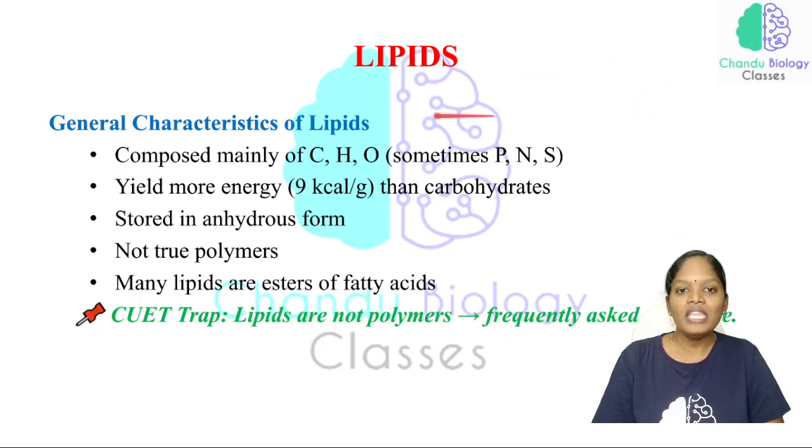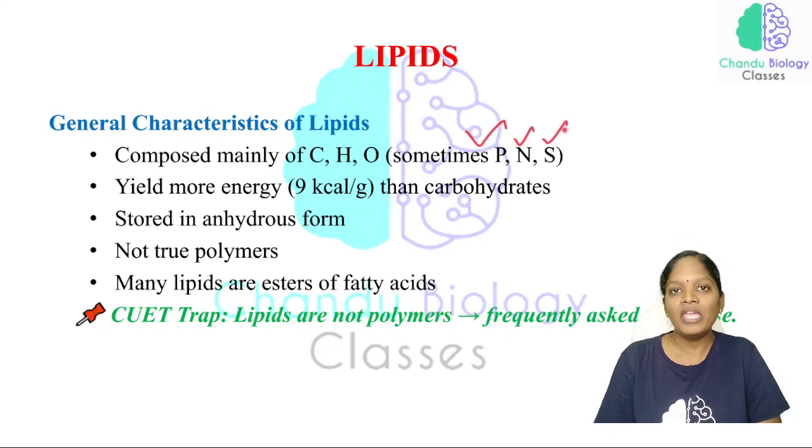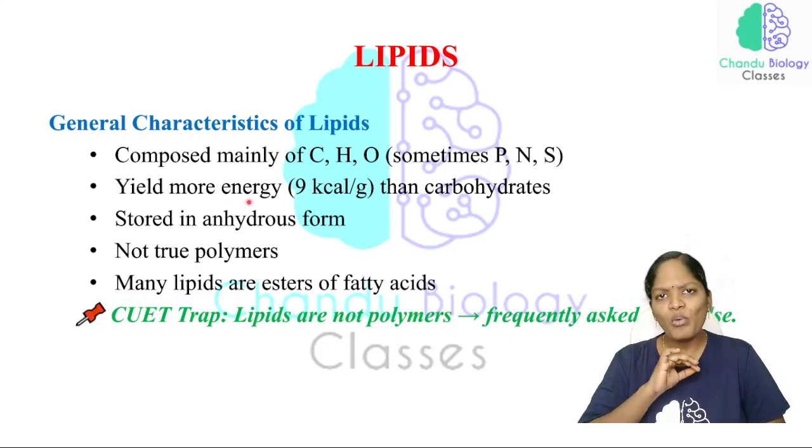In the same way, lipids are also composed mostly of carbon, hydrogen and oxygen, but sometimes phosphorus, nitrogen and sulfur will also be present. Lipids are composed mostly of carbon, hydrogen and oxygen, so they yield more energy. This is the most important point with respect to lipids.